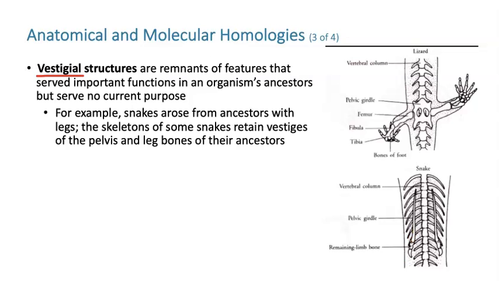So we see those limb bones in snakes. Why in the world would snakes in this location of their body have leg bones and pelvis bones? And the only way that really makes sense is in light of evolution and realizing that they descended from some ancestral lizard and went about their merry way, losing their legs.